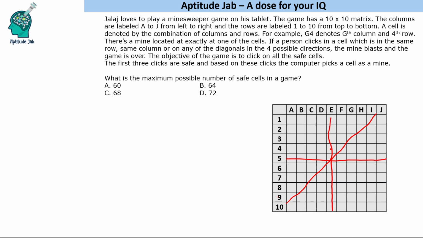Is it going to 9 9? Yes. And this diagonal will also be unsafe in this case. But if you put it here, it will go from here to here, so you see a lot of unsafe cells, two complete sides and two complete diagonals.